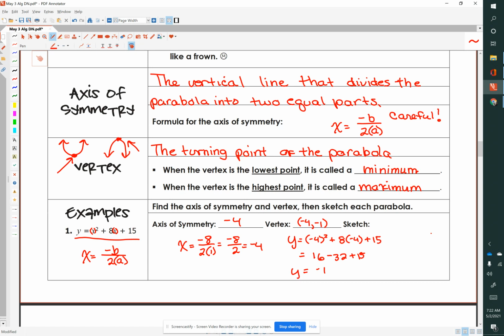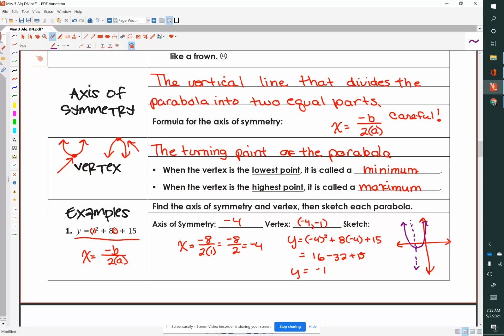And just generally, we're going to sketch this in, and let me change my color. So let's see, negative 4, negative 1, approximately like this.